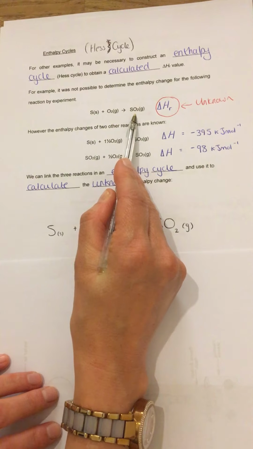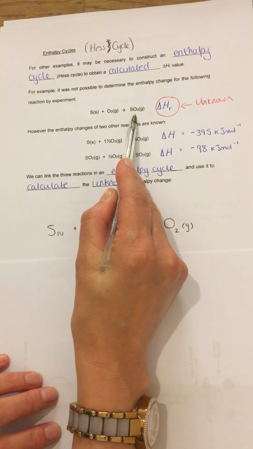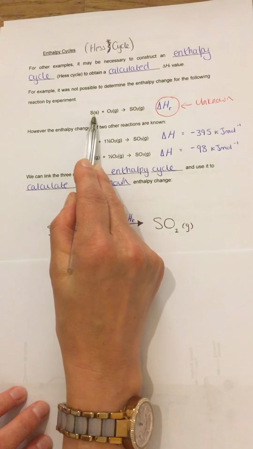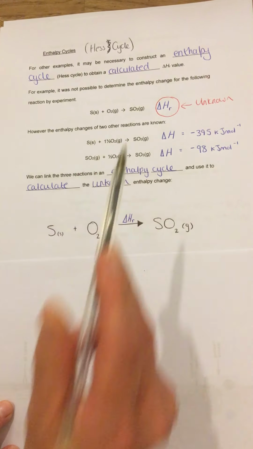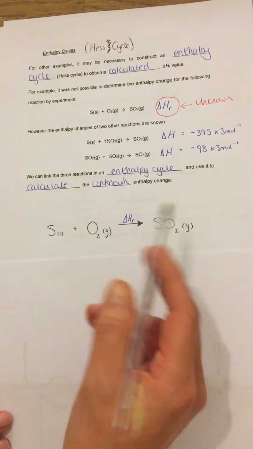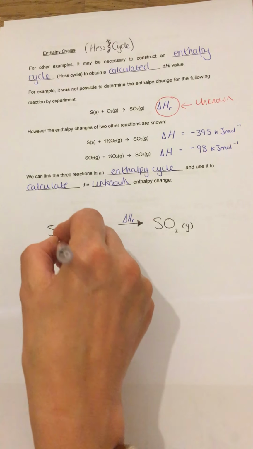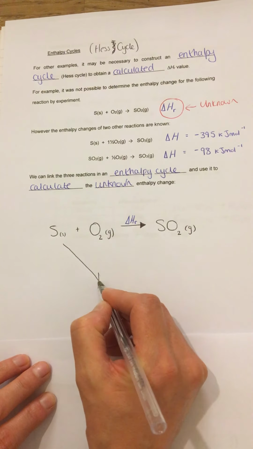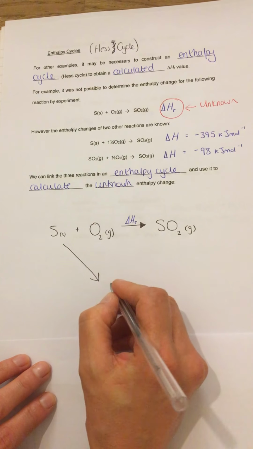So not the same product as the one at the top, a different product, but it's the same reactant because it's sulfur. So rather than sulfur forming sulfur dioxide, SO2, it can react with oxygen to form SO3.